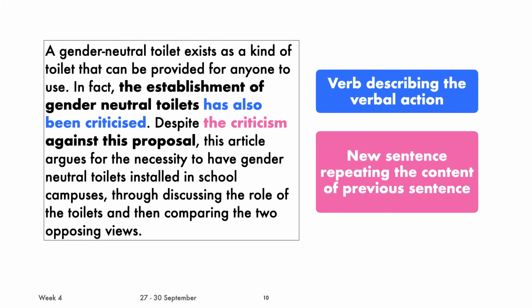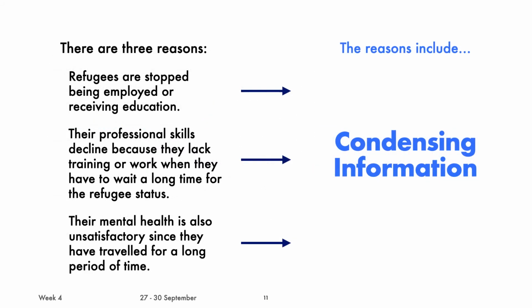So here is the third function, that is to enhance or to facilitate the cohesion of the paragraph. And of course, we want to write our essays more concisely so that we can leave some more space for examples, for evidence, for arguments.